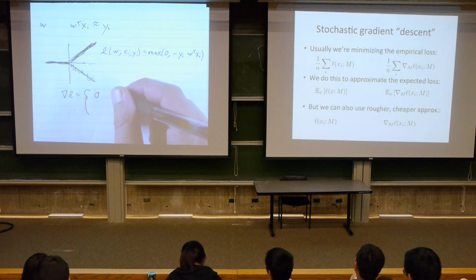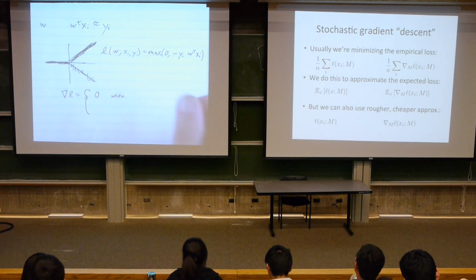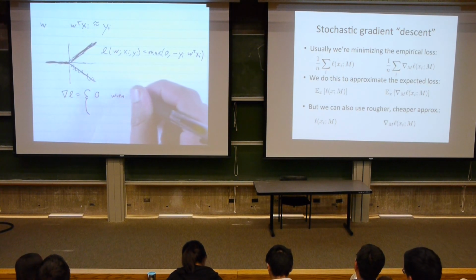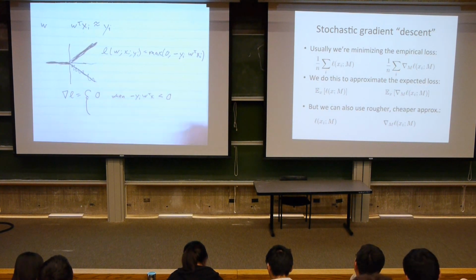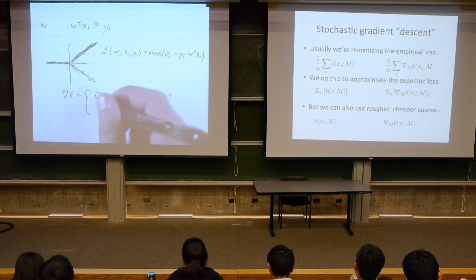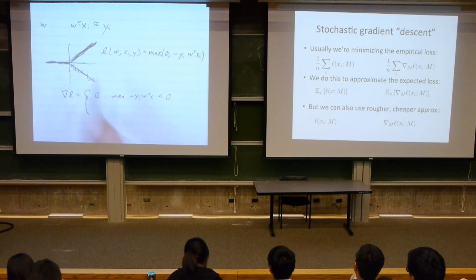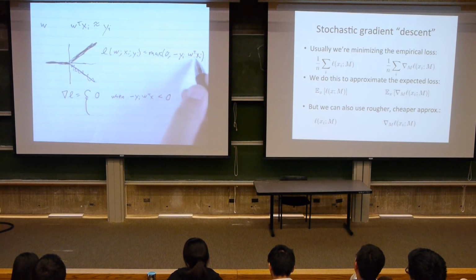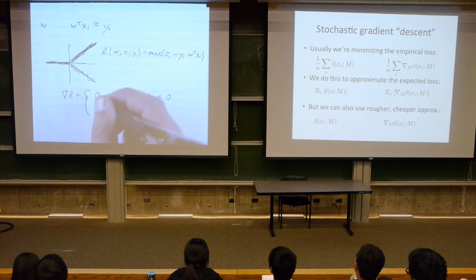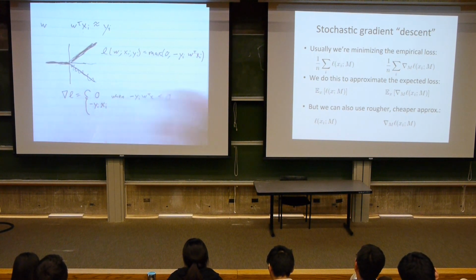And that's true when negative yi w.x is less than 0. And if you're in this positive part, then the gradient of this with respect to w is just negative yi xi.